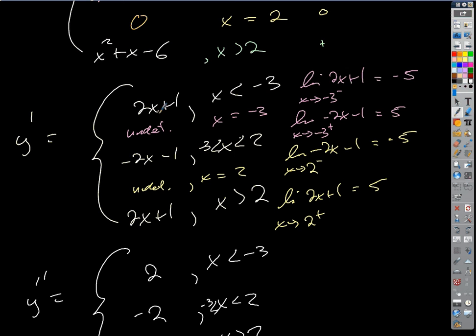Negative 1/2. Is that in our domain? No. So does this piece of the piecewise function have a critical number in its domain? No. How about this one? That one does. That one's at negative 1/2 also, isn't it? And that is in its domain. Okay, so we can fix that.